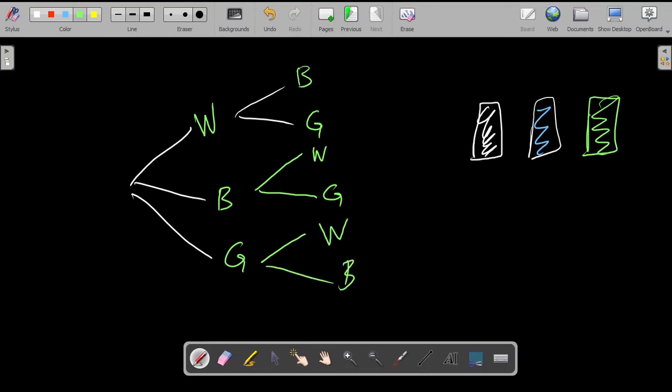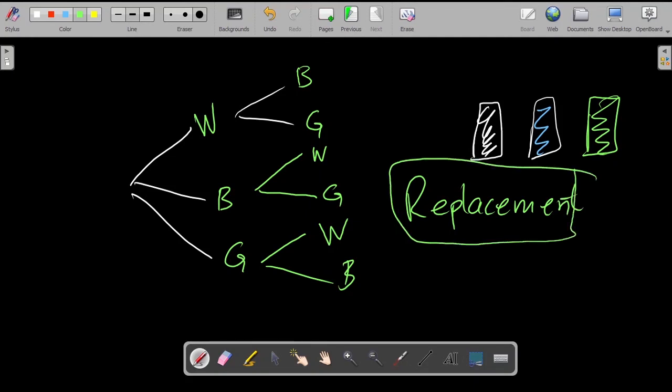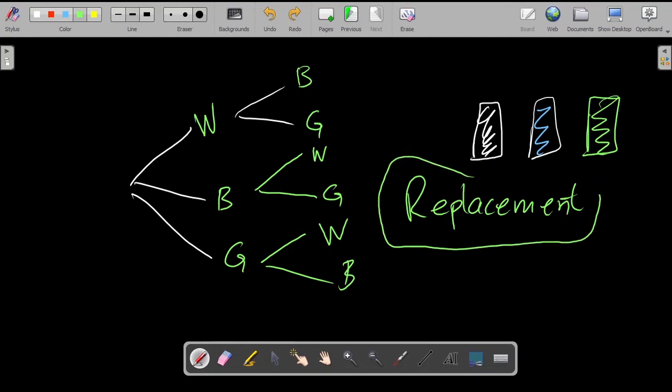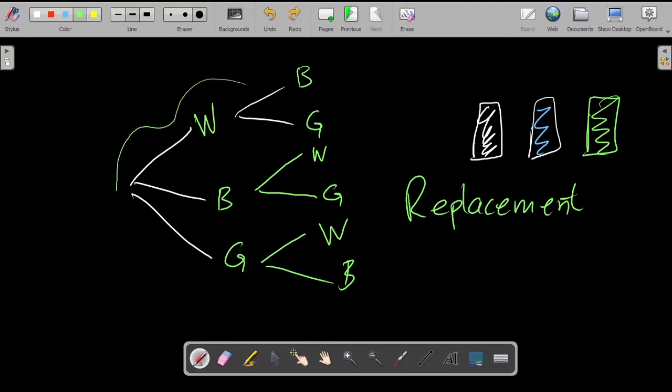So you should check your situations. If you ever have something that has to do with replacement, then just look out for that. If you're told that options are taken or an event happens and we are not replacing, then you do expect that your options should be smaller.